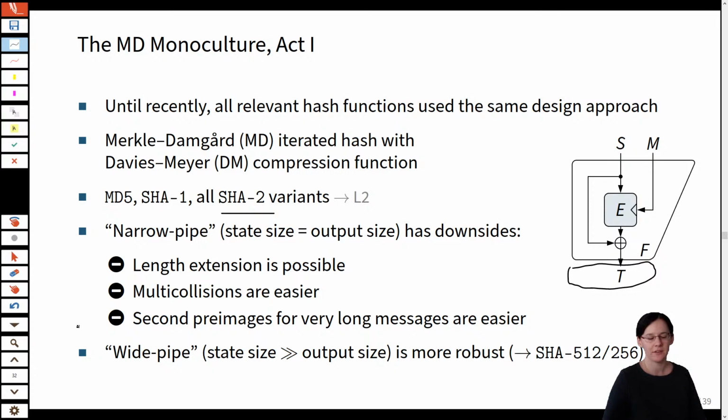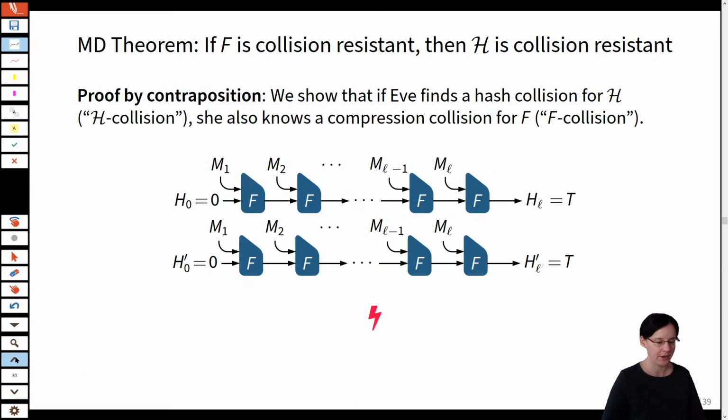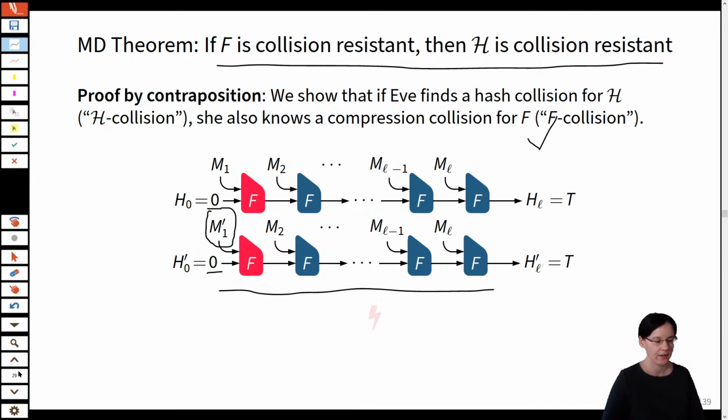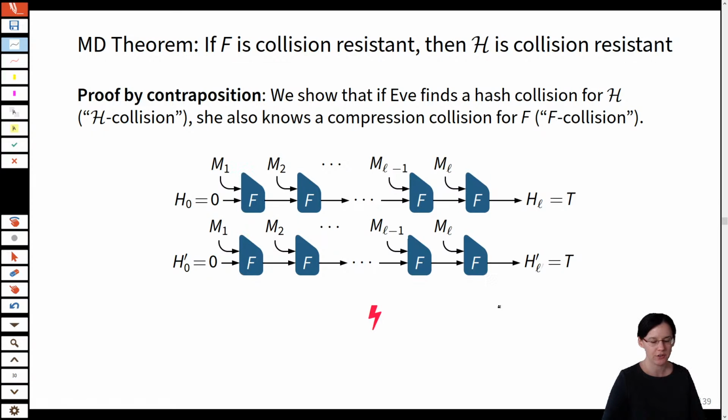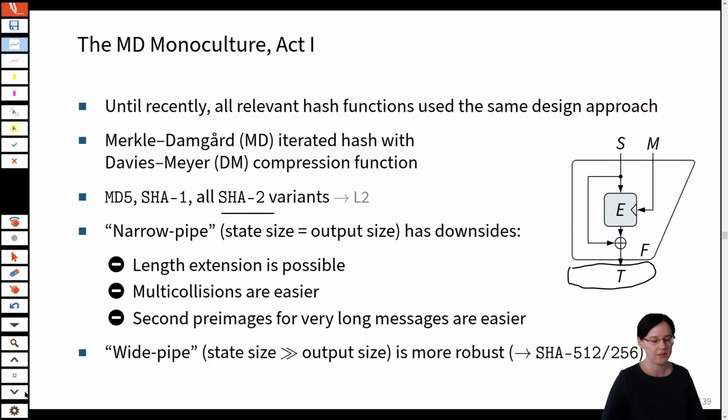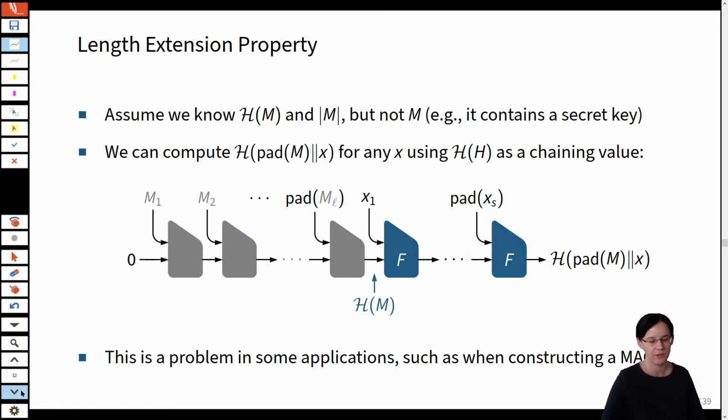So if we look back at the Merkle-Damgård picture, after the last hash function call, these wide pipe designs do an additional compression or truncation step where they throw away a bit of the final state and only give out part of the chaining value as a hash value. And this is to defend against some of the attacks that I can briefly show in the following.